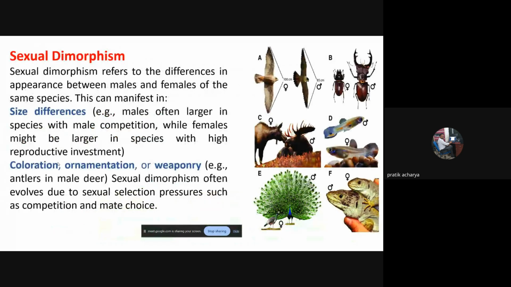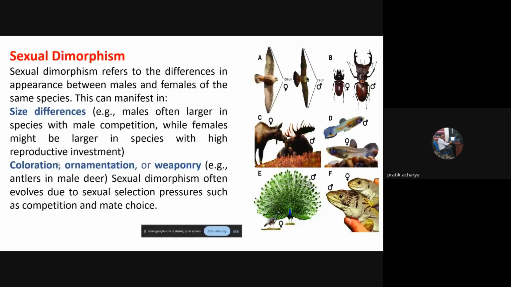Another important term is sexual dimorphism. We have to understand what is sexual dimorphism. If male and female are different morphologically, then we can call it sexual dimorphism. That is dimorphic characters that divide male and female into two halves.